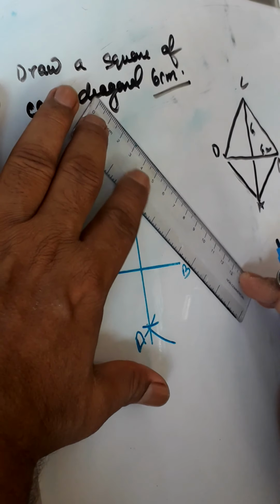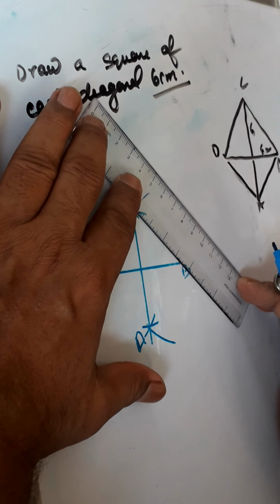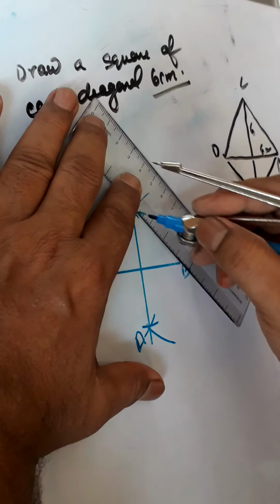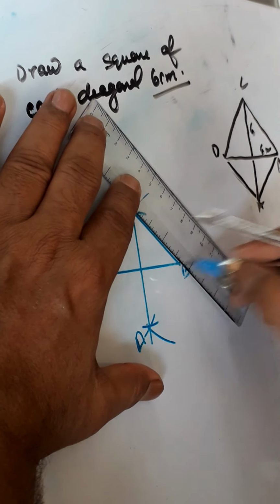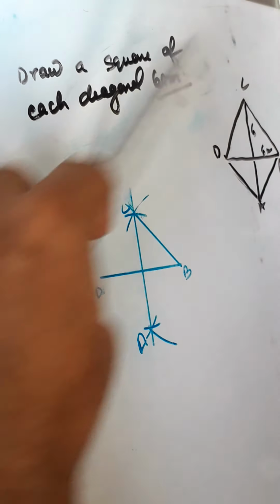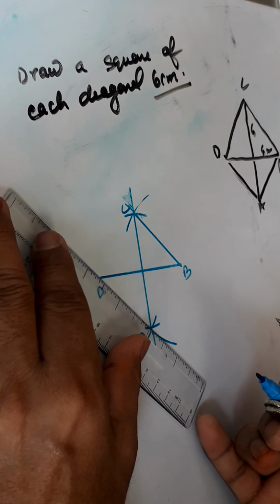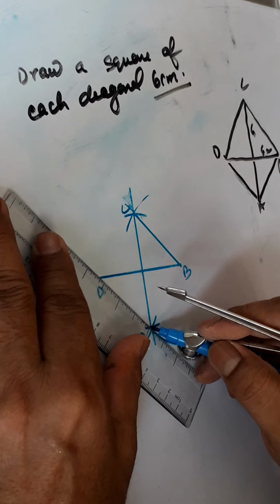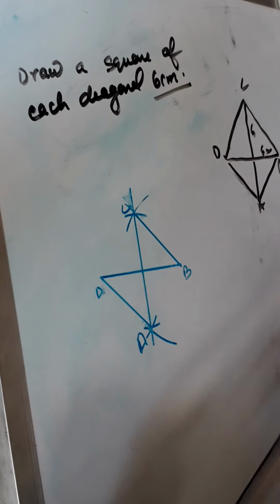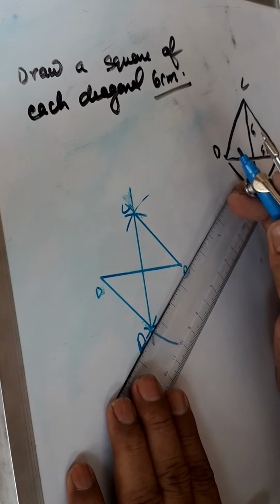First we will join BC. I have joined BC. Now we have to join, let us join AD. Now we will join AB.